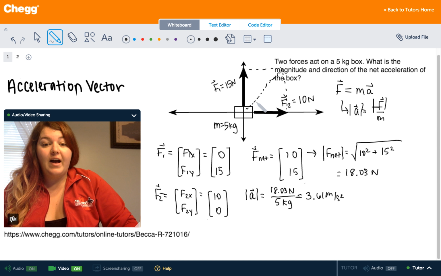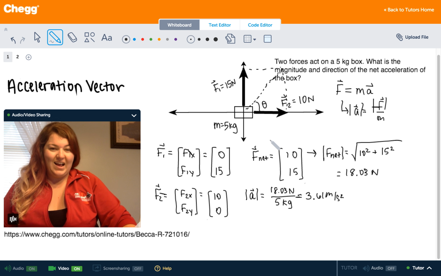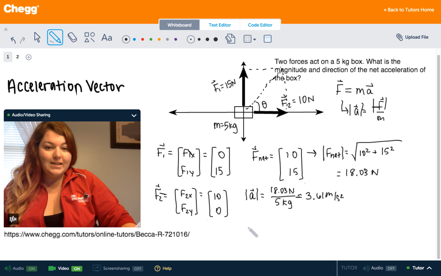So in order to find the direction of the net force, that angle there, we can use the tangent.